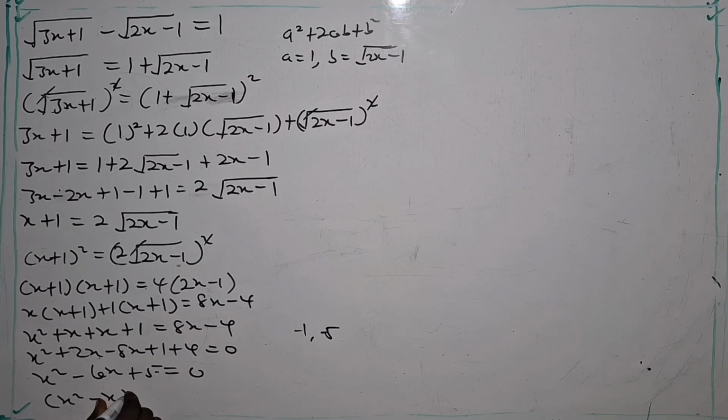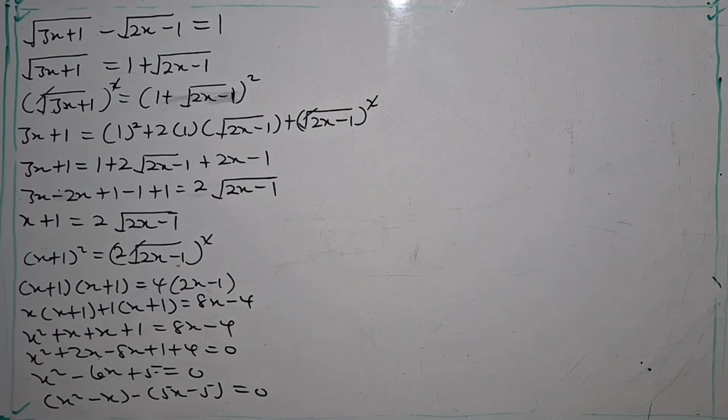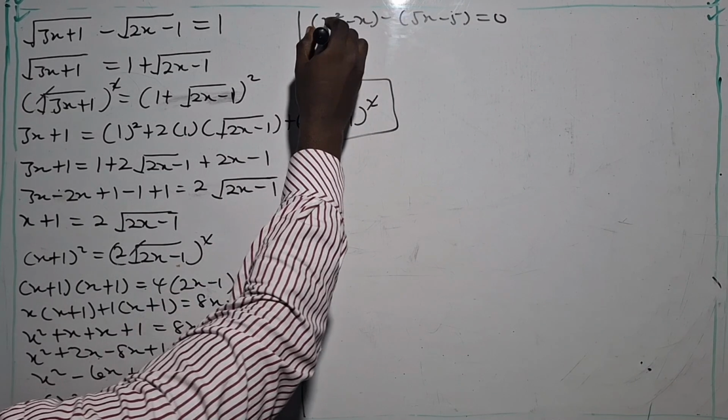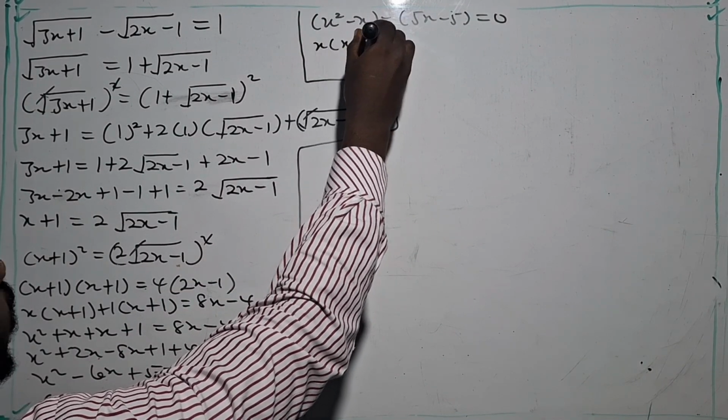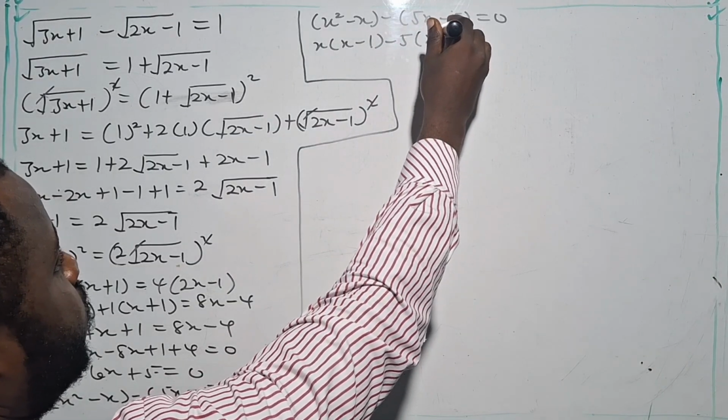Then minus 5x minus 5 is equal to 0. So let me continue here as well. So I've repeated the same thing here. So x out, x minus 1, minus 5 out, x.